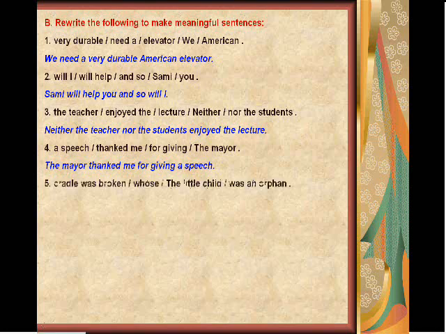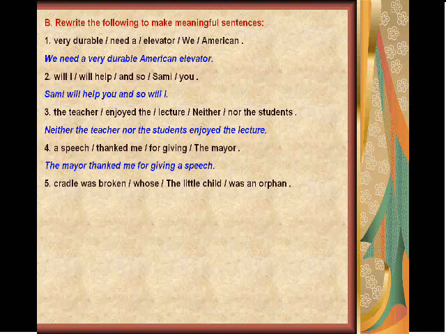Very good. The coming one, you will do it on your own. Number 5. Cradle was broken, whose the little child was an orphan. Of course, you know the meaning of the word cradle. Cradle is like a small bed for babies, where they put the child in, and it has wheels.